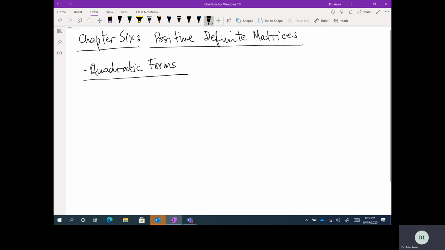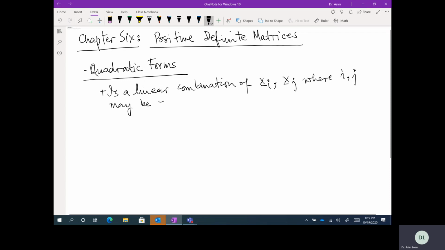So the quadratic form is a linear combination of xi, xj, where i and j may be equal, or we say q of x.